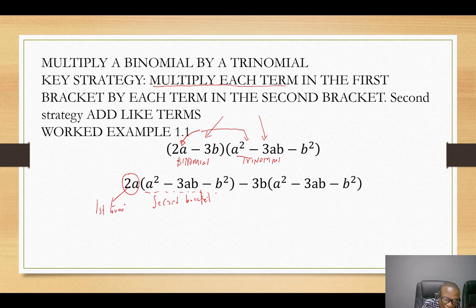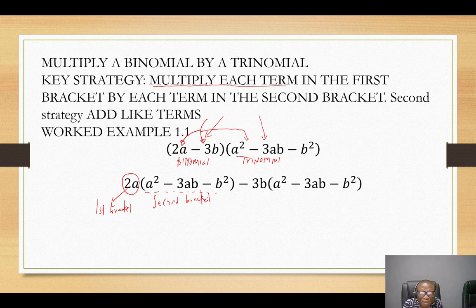So I took the first term in the first bracket. The first term in my first bracket is 2a. I'm multiplying it with every term in the second bracket. So I'm going to apply the same strategy to minus 3b, which is my second term in the first bracket.